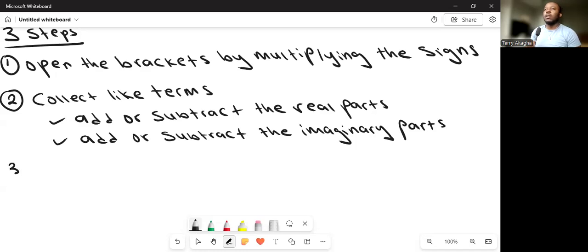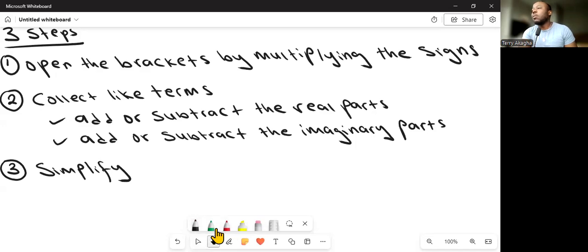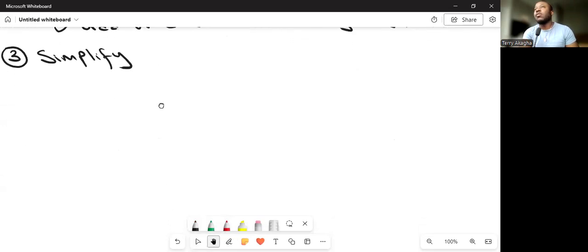And number 3, you simplify. So you open the bracket by multiplying the signs, you collect like terms, then you simplify. All right, let me pick some examples so that we can solve together.